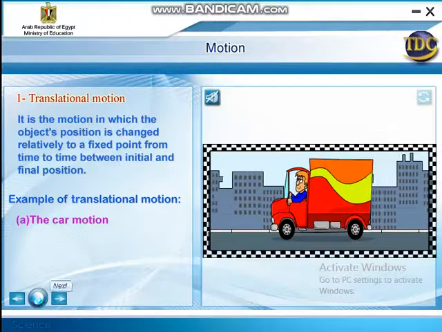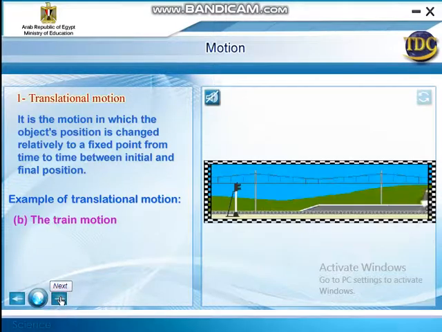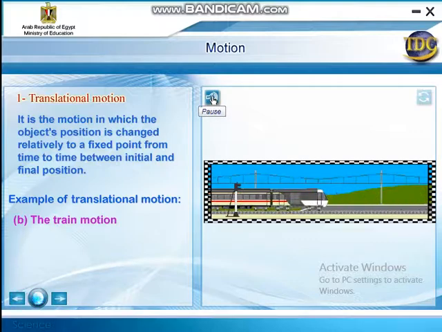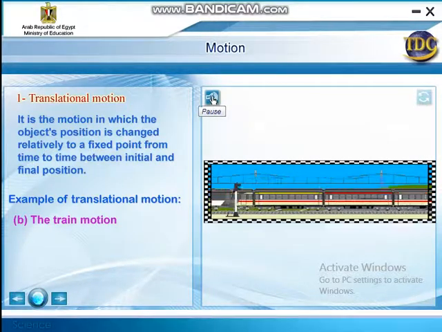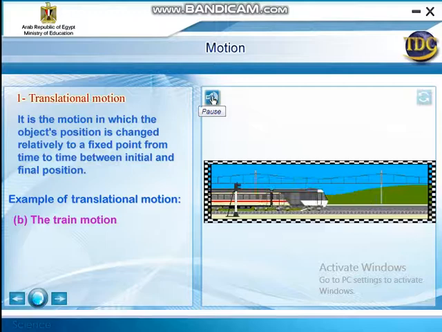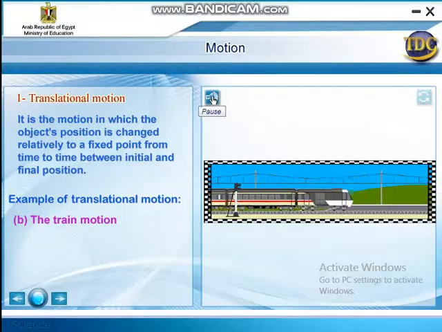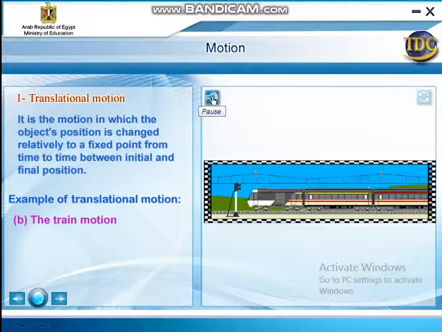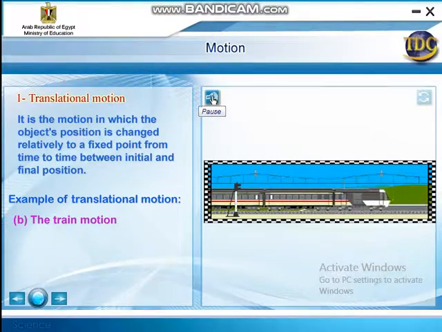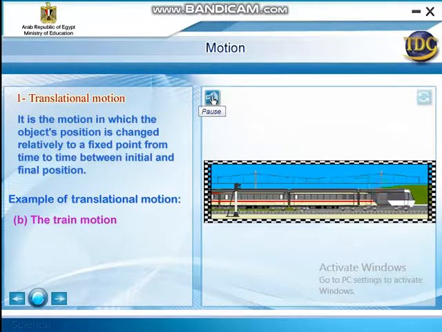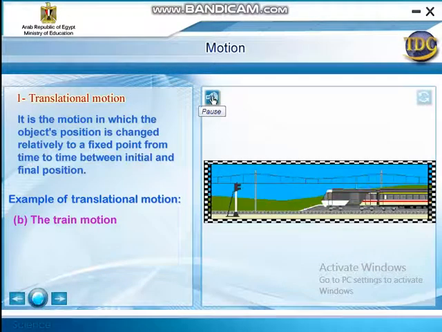Another example, train motion. The train has an initial position and a final position. Other examples are person motion, bicycle motion, fan motion.